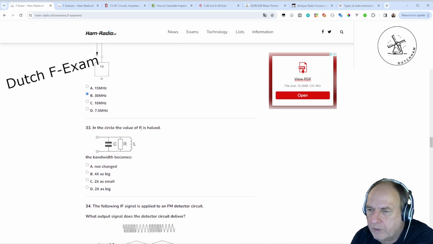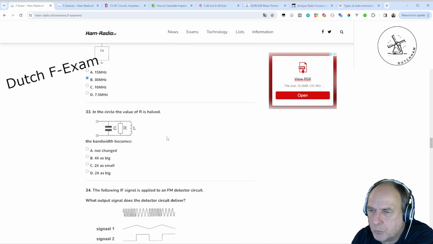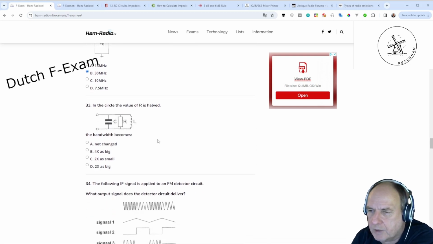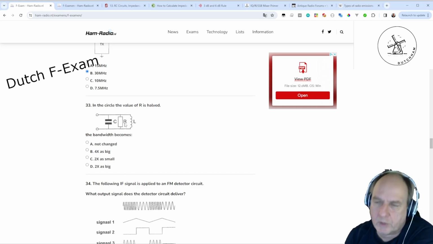In the circuit, the value of R is halved. Ooh, I have seen this question before, at least a similar question. Then they had a switch in series with the R. Then they were asking what happened if the switch closed.